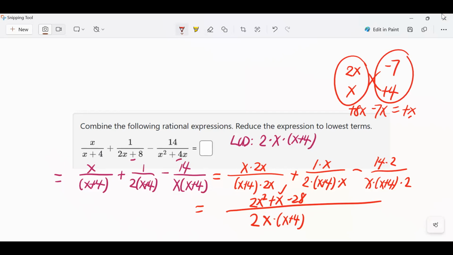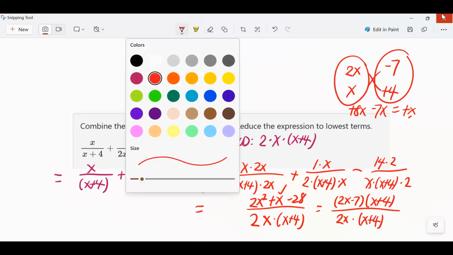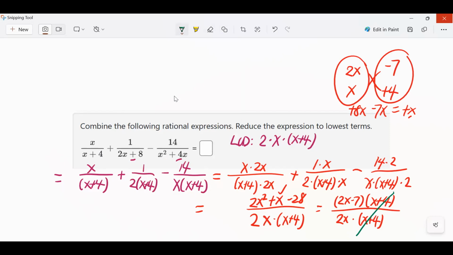So it's going to be 2x minus 7 times x plus 4 over 2x times x plus 4. Now here we cancel the common factor, x plus 4. So we end up with 2x minus 7 over 2x. Any question about this?